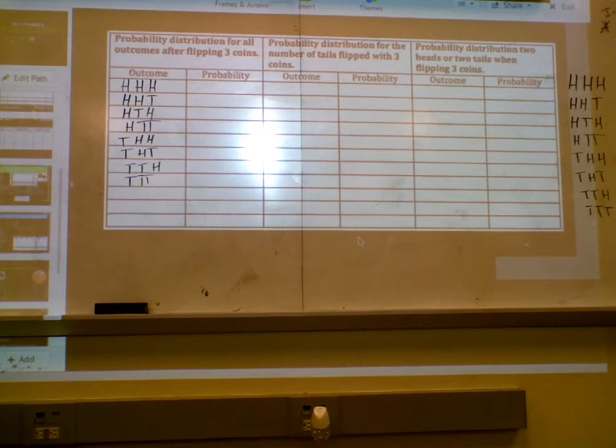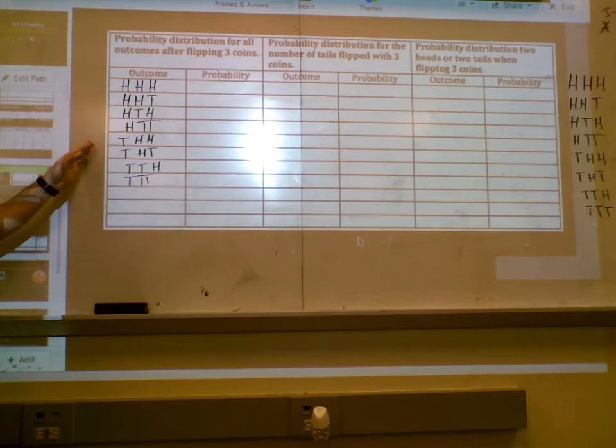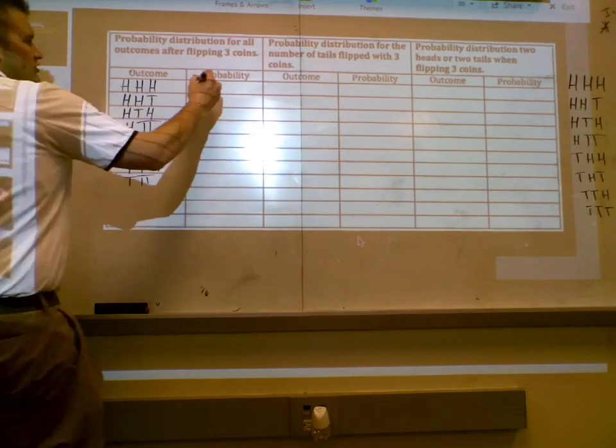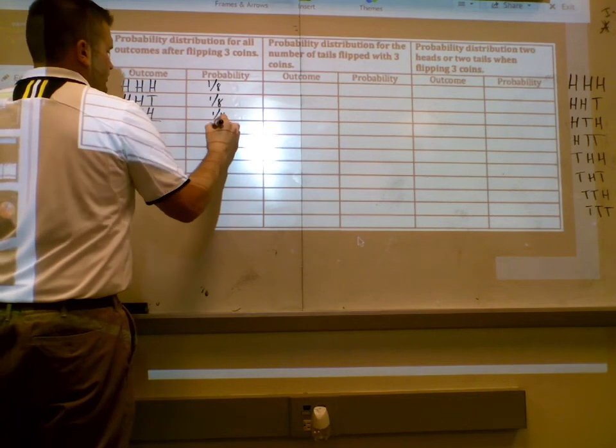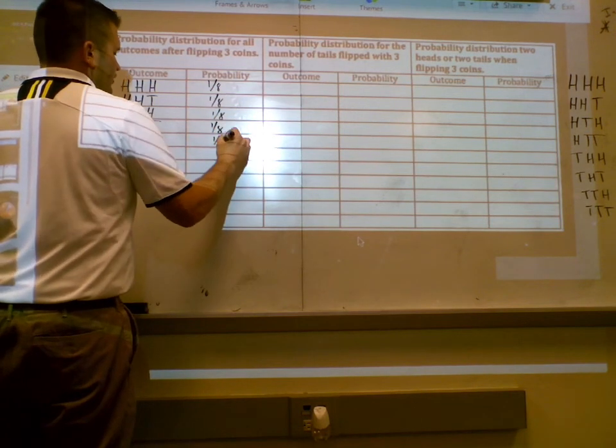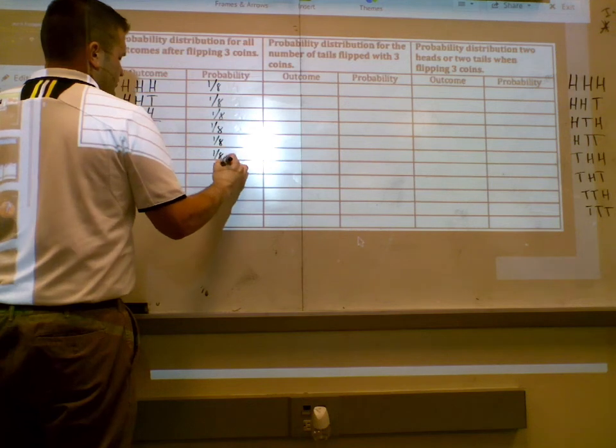Now, what's the probability of any one of these outcomes? 1 out of 8, right? So I'm looking at just my individual outcomes. These probabilities are all 1 out of 8. Does that make sense?